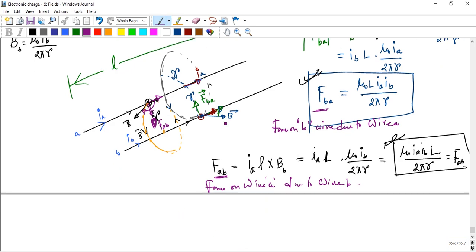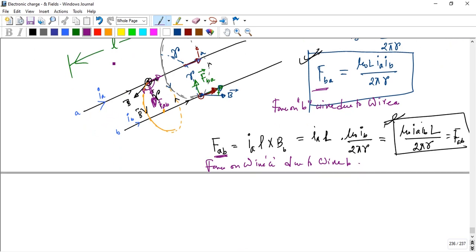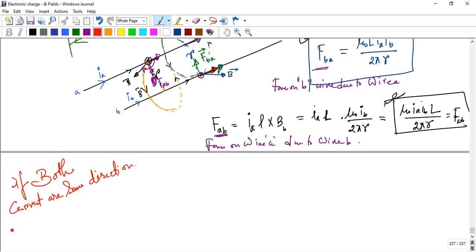If both currents are in the same direction, the conclusion is that there is a force and both forces are towards each other.